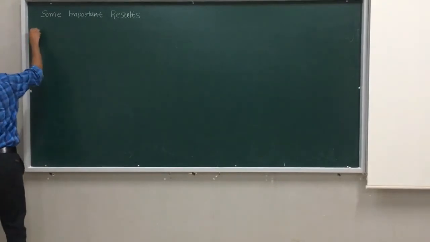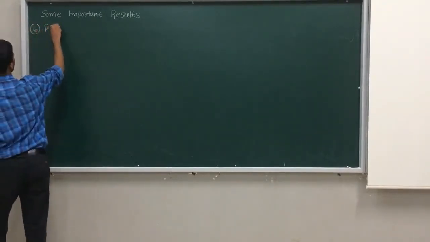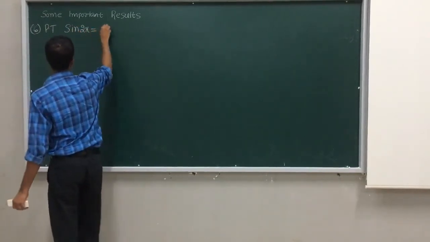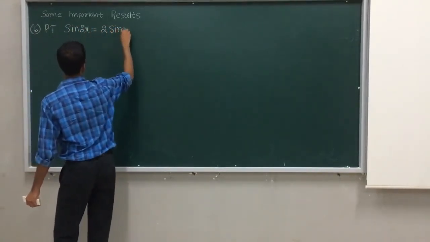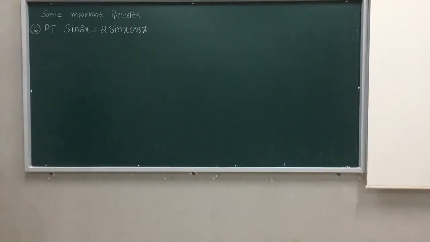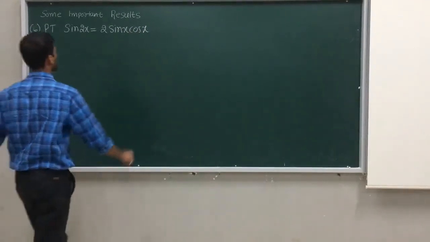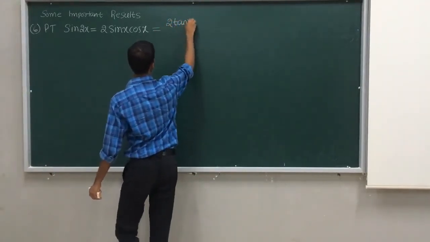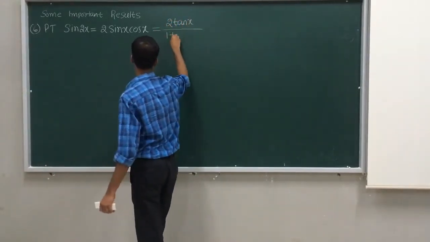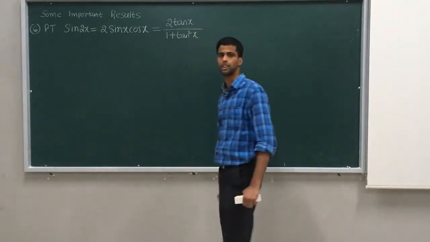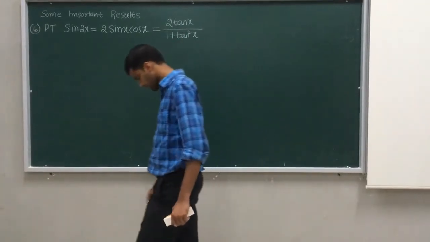Prove that sin 2x is equal to 2 sin x cos x, which is equal to 2 tan x divided by 1 plus tan square x. Another important result.